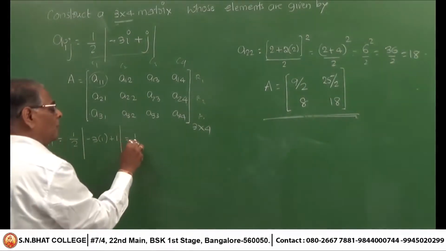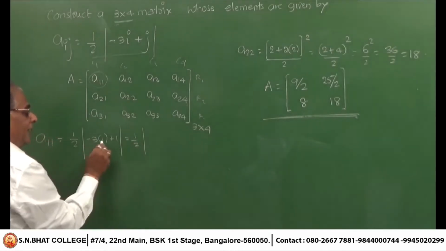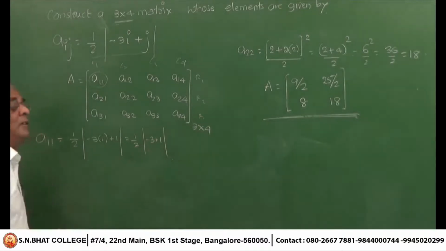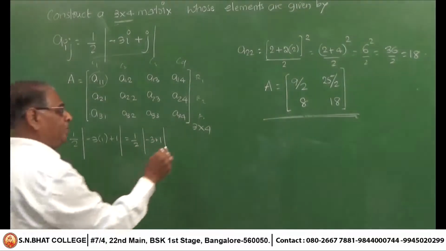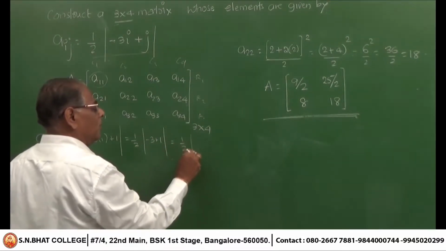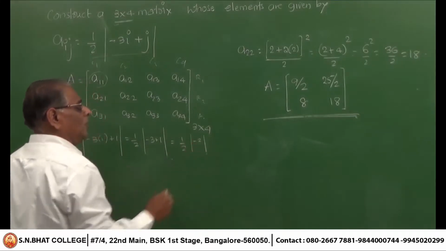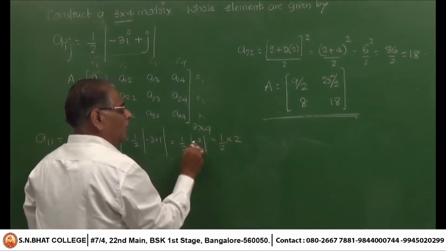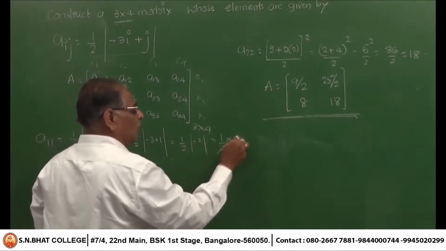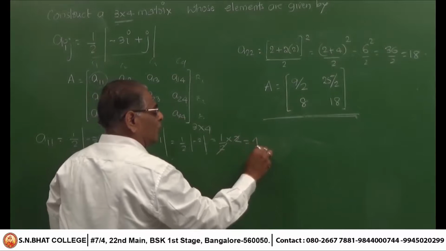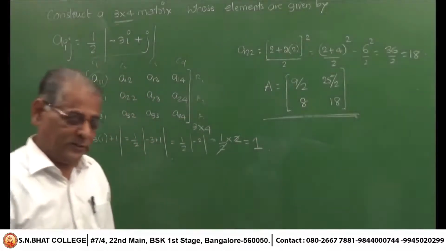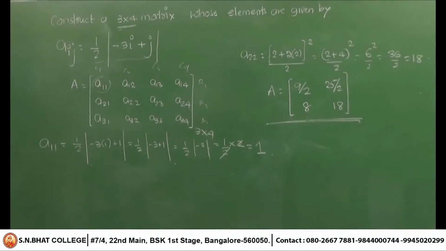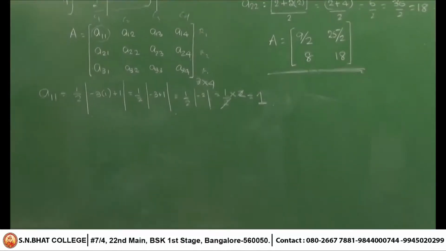This is half into modulus of minus 3 plus 1, which is minus 2. Modulus of minus 2 is plus 2. The 2 cancels, and the answer is 1. A11 is 1. We have calculated the first element A11.